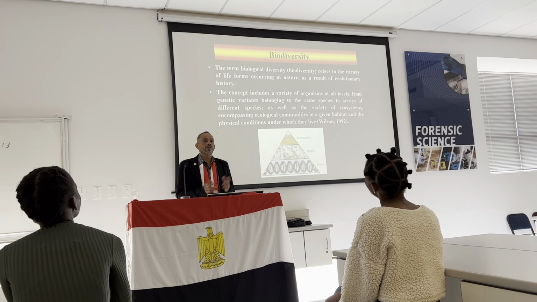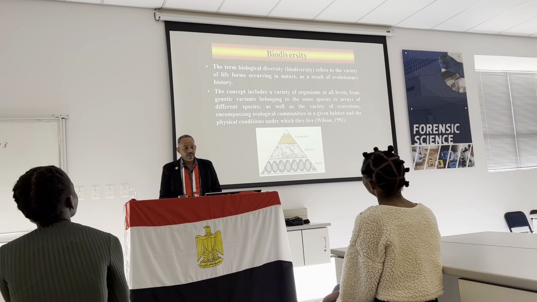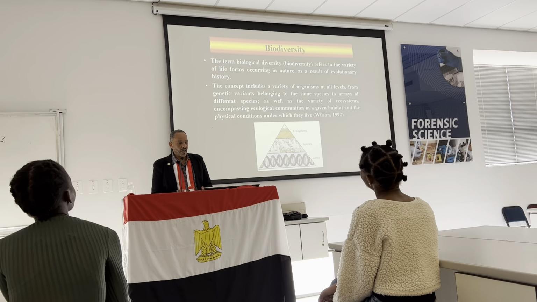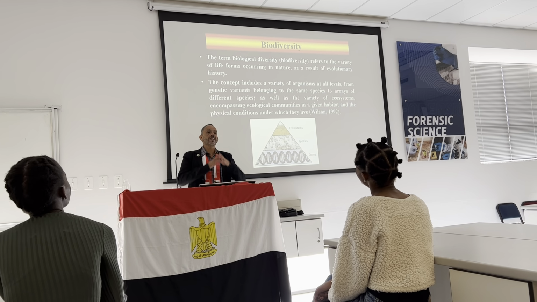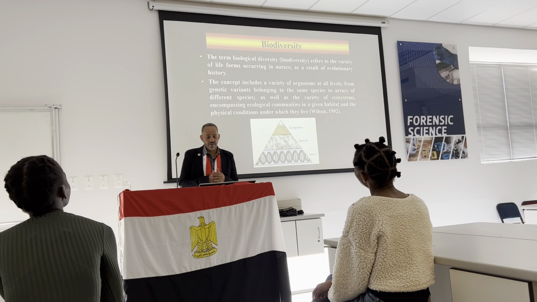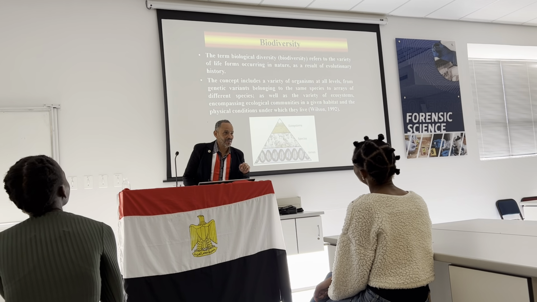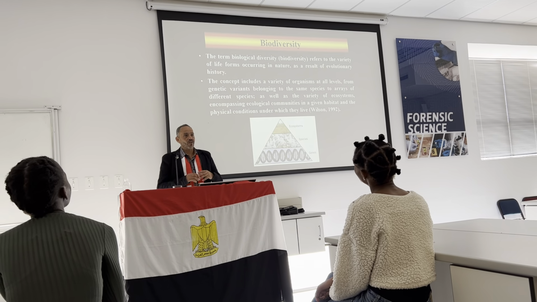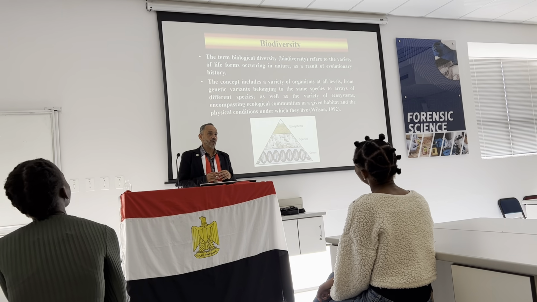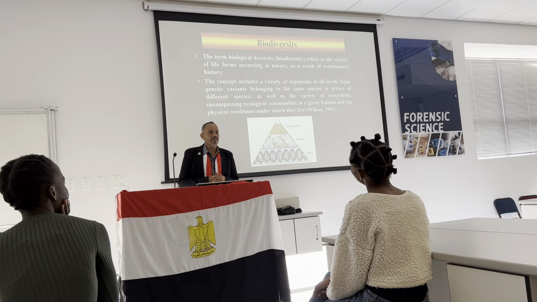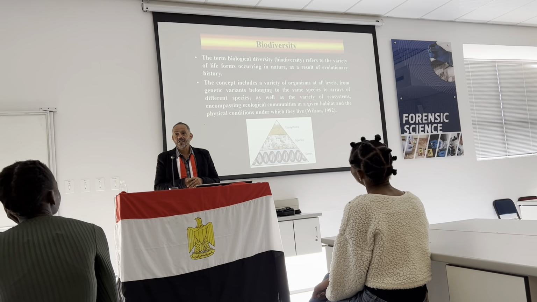Biodiversity, as you know, is a term related to biological diversity, and it works on 3 levels: ecosystem biodiversity, species diversity, and genetic diversity. All of these levels are integrated and depend upon the method of the scientist studying it.